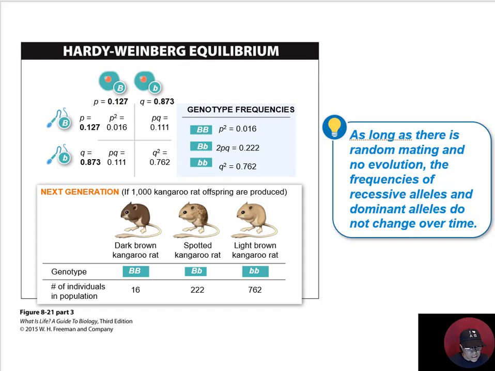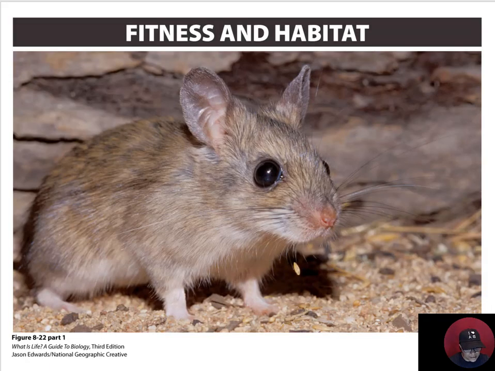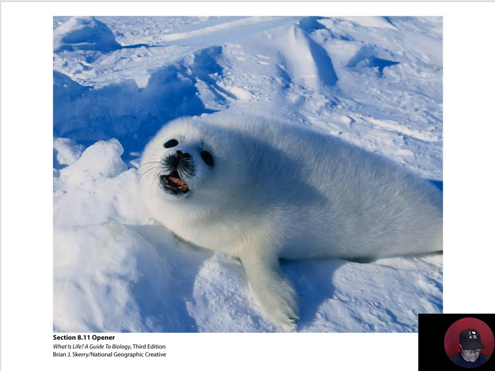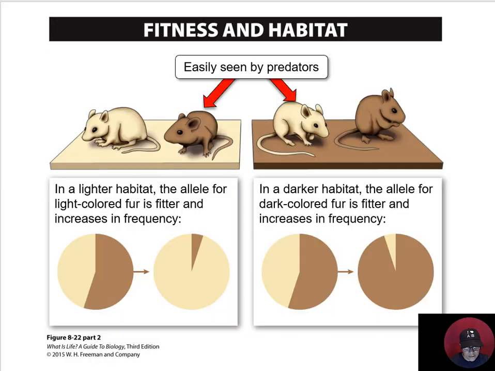Okay, so let's talk about fitness and habitat. As we can see, this little seal is very well adapted to its environment. We can see that its coat color helps it blend in with the environment. And this is really important: when we look at fitness and habitat, we have to be very careful that we don't say that a certain allele is a better allele, right?